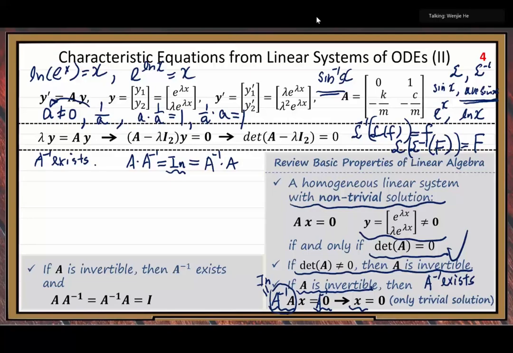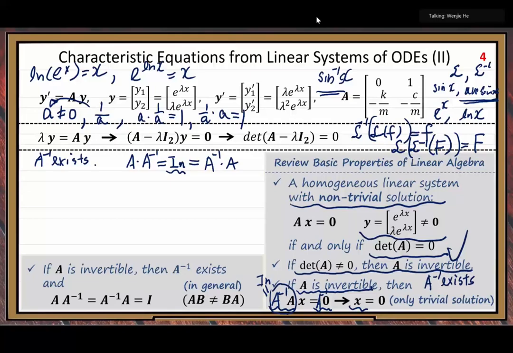Another thing I also want to talk about is another concept, called commutability. I just finished the invertibility concept.